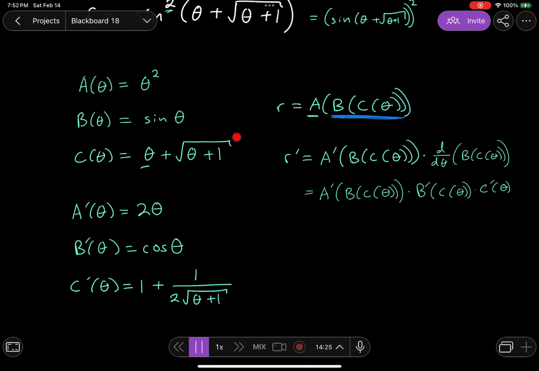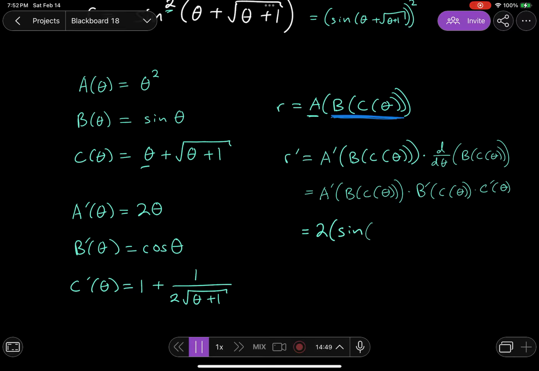And then plug that into this. Okay, so this is the same thing as 2 times the sine. Again, that 2 comes from right here. I'm replacing theta with b of c of theta. And b of c of theta is going to be sine of c of theta, if you so choose.